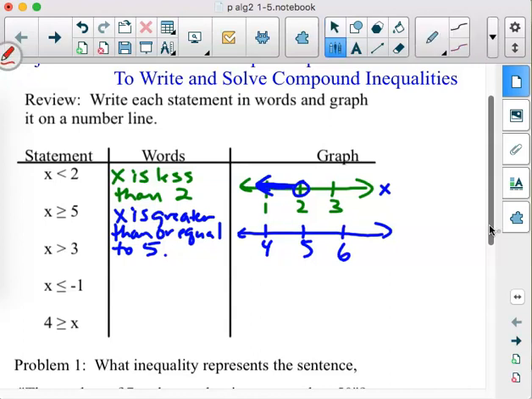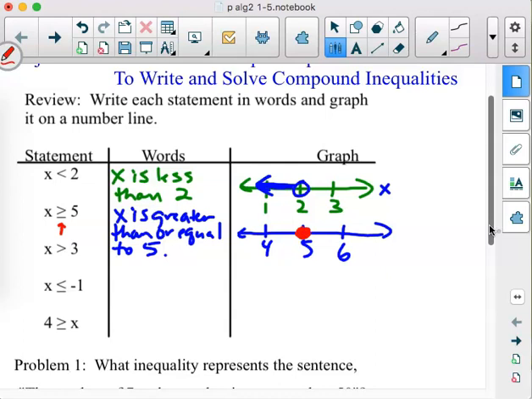Using logic and what we know about the one we just graphed, does this one get an open dot or a closed dot? Got to be closed, yeah. The last one was just less than, and it got an open dot. This one has the equals bar right there. Closed dot.